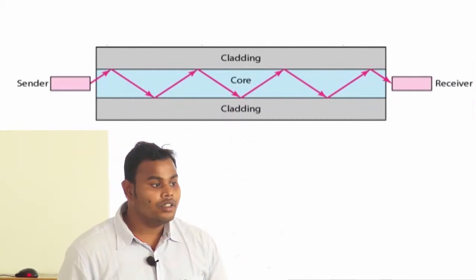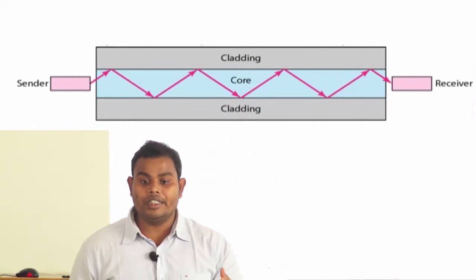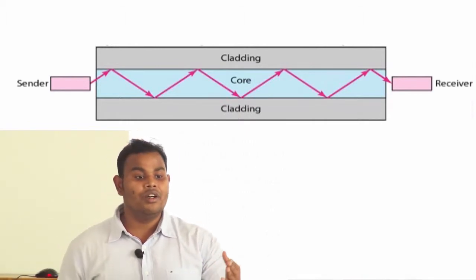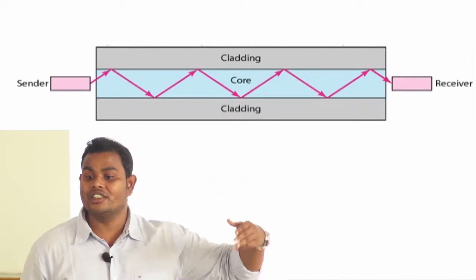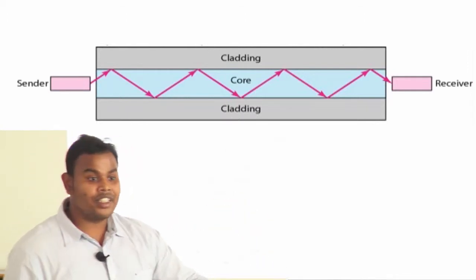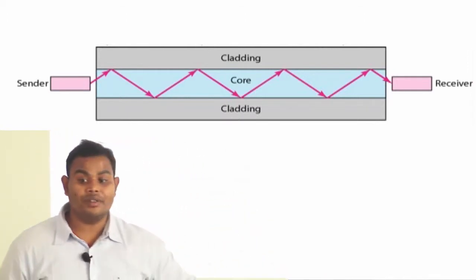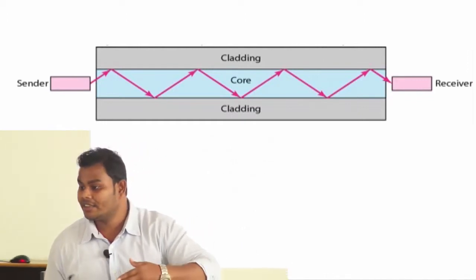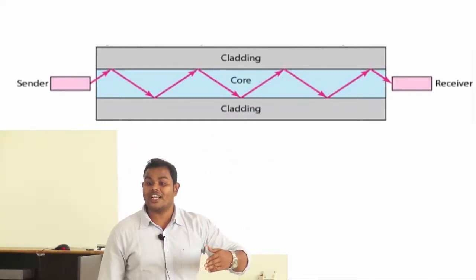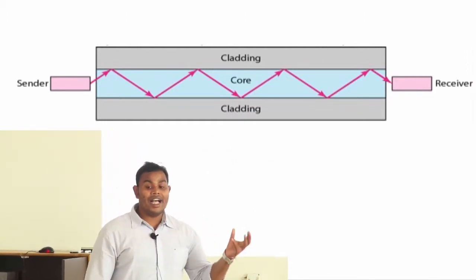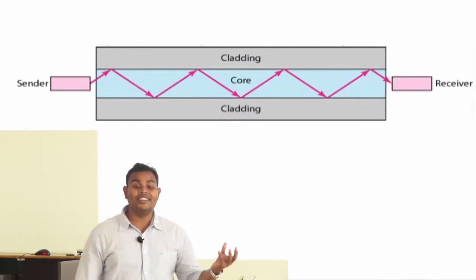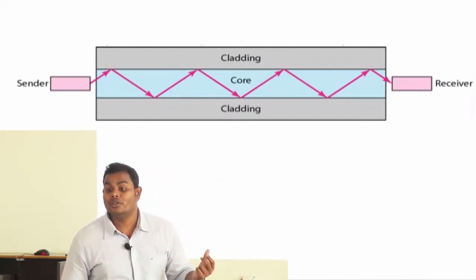Clear? This is just the principle of this. When sunlight enters into the water, you can see that it bends. That is known as refraction. Why? Because air has low density in comparison to water.